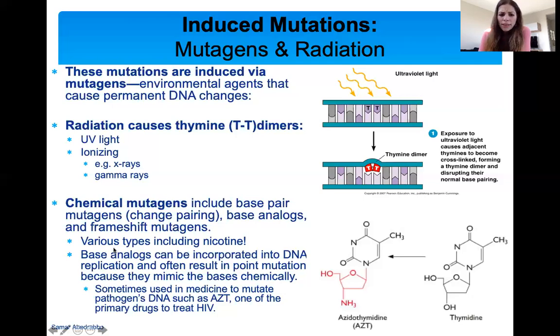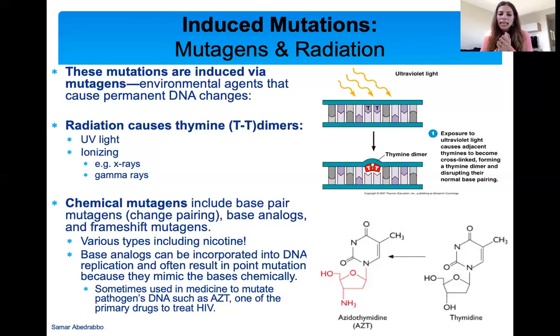Another type of chemical mutagens is some chemicals are base analogs and they mimic bases. So there is a chemical molecule called AZT and it looks very similar to thymine. And the problem with this is that when you give AZT to cells, because it looks so similar to thymine, they'll take it in.